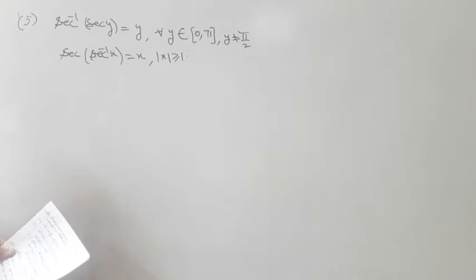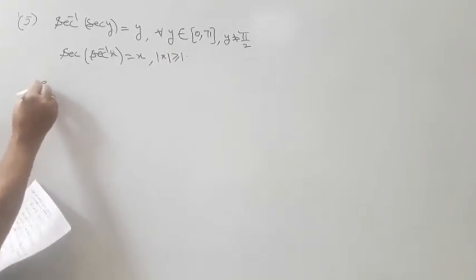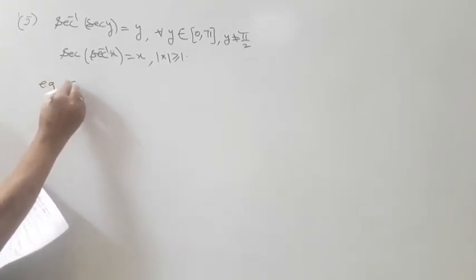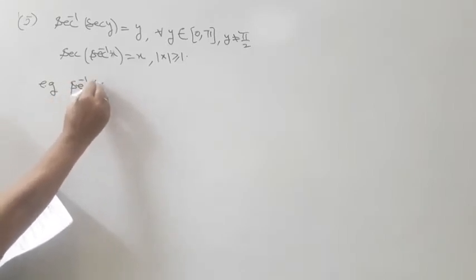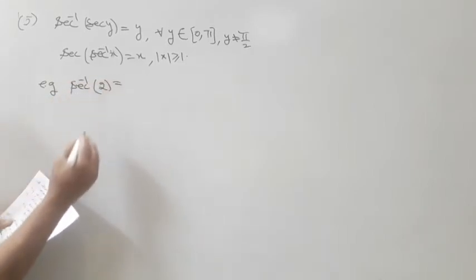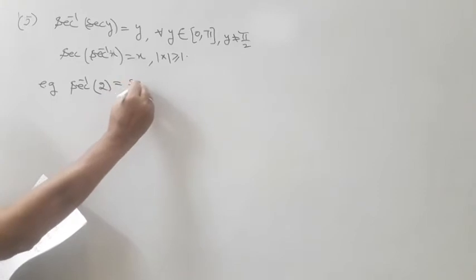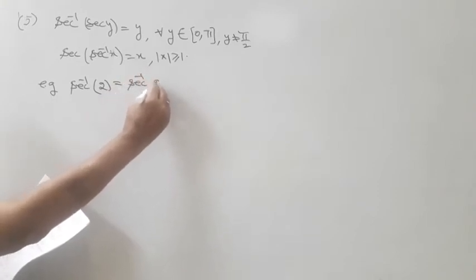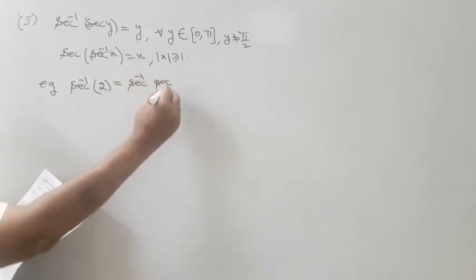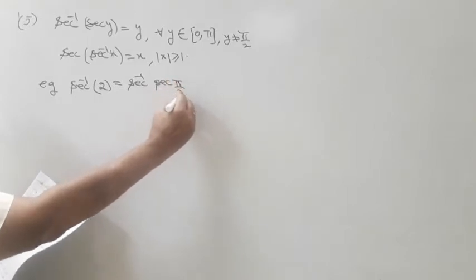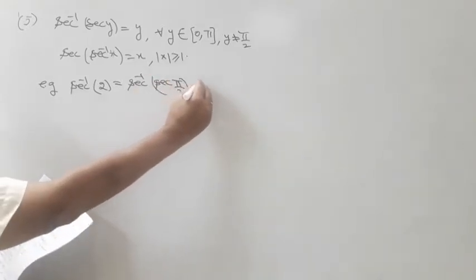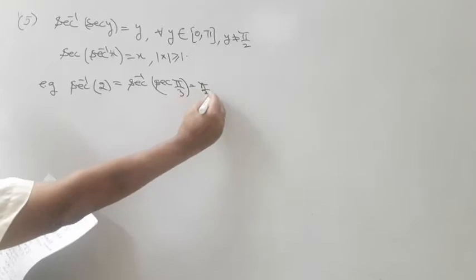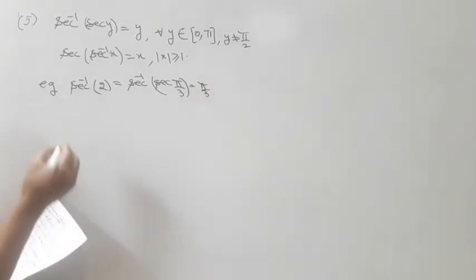Now correspondingly we can take one or two examples to make it clear. Secant inverse of 2. Check out. It is secant inverse of secant pi by 3, and the value is just pi by 3, a member of the principal value branch.